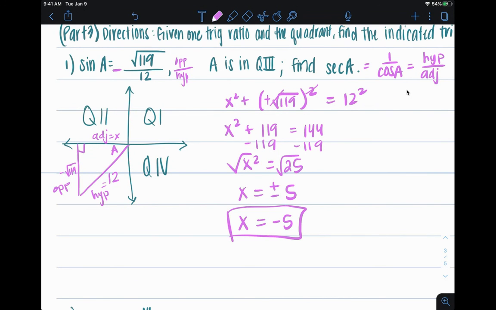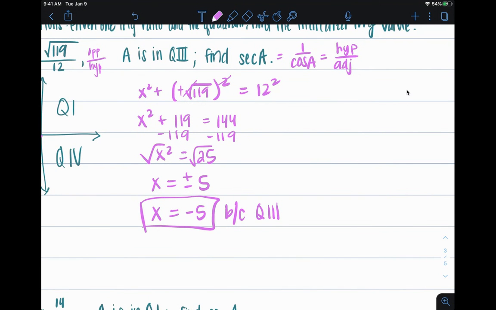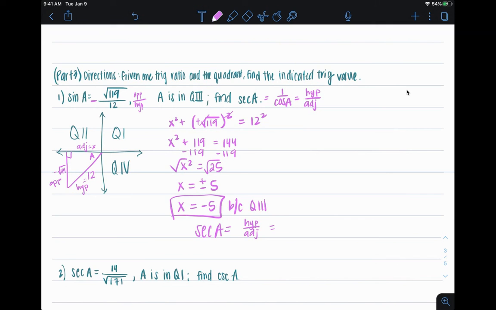So that's our adjacent side, -5, because we're in quadrant 3. And then we want to find secant of A. So secant of A would be the hypotenuse over the adjacent, and your hypotenuse is 12. So that's 12 over the adjacent, -5. And that would be your solution.